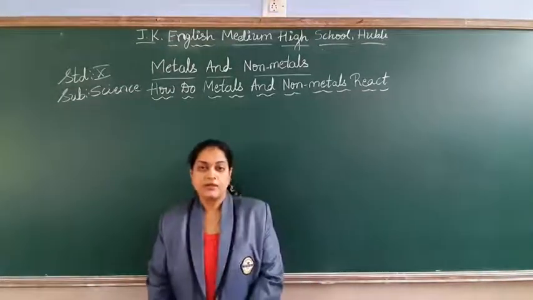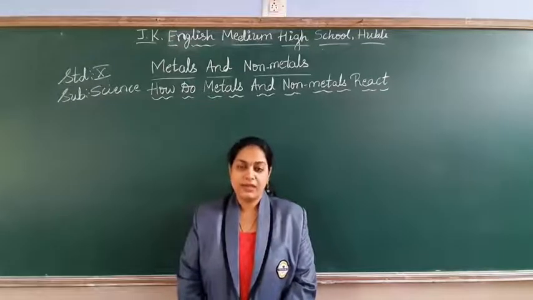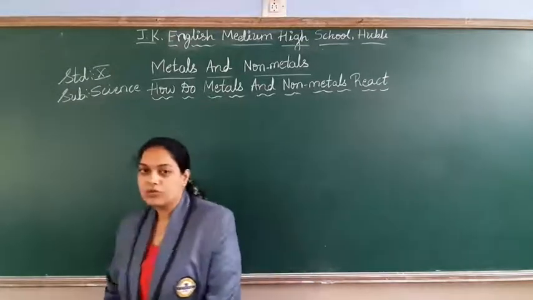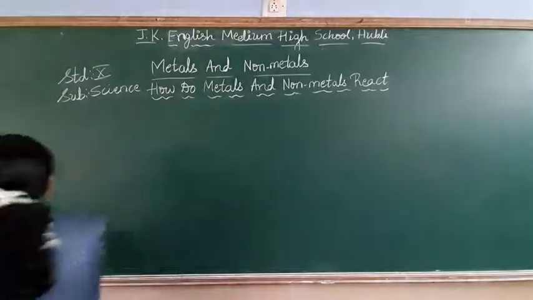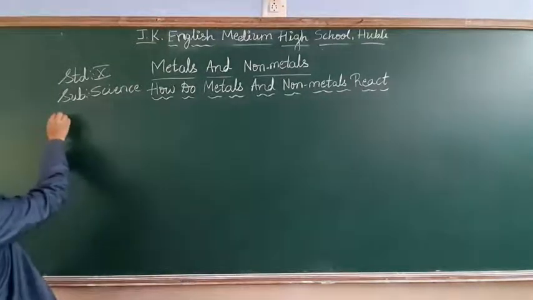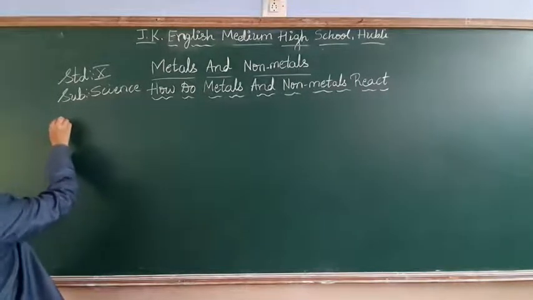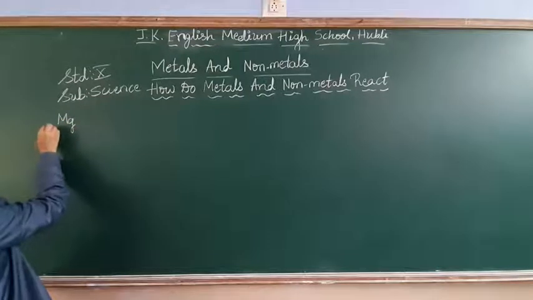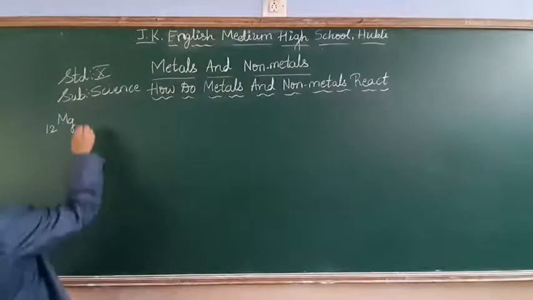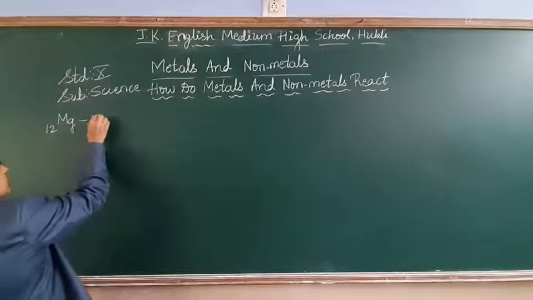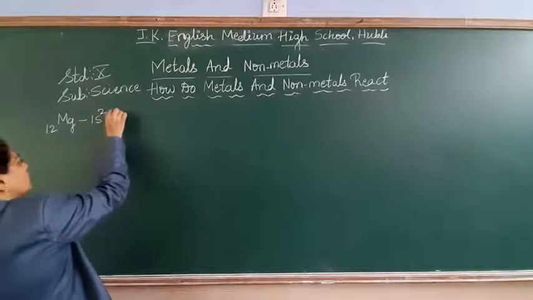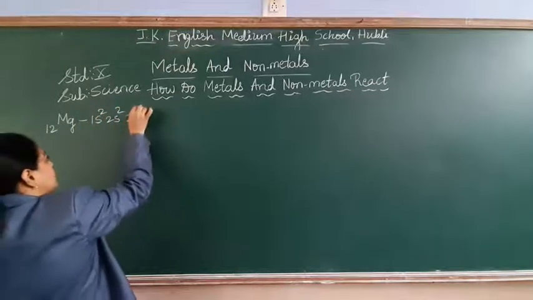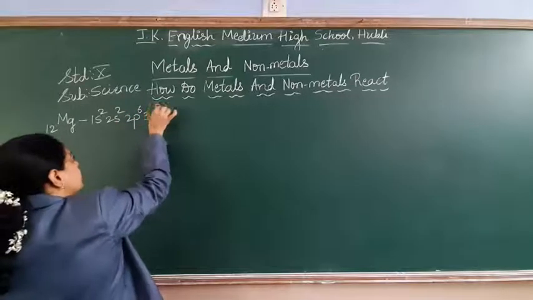Yes students, let us discuss one more example of reaction of metals and non-metals. Let me take the example of magnesium with atomic number 12. Write the electronic configuration, students. 1s2, 2s2, 2p6, 3s2.